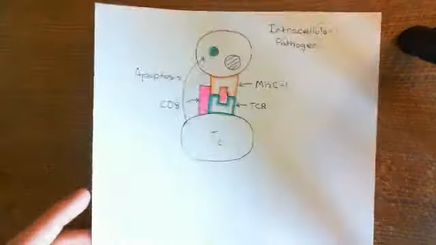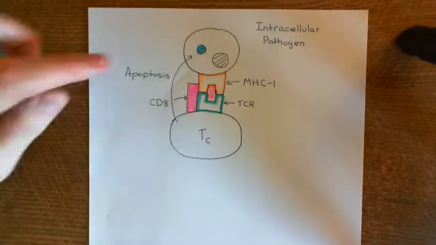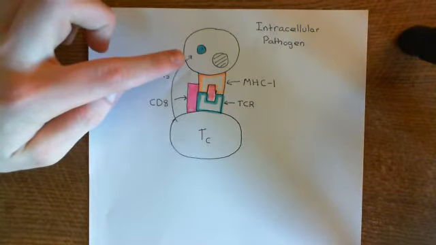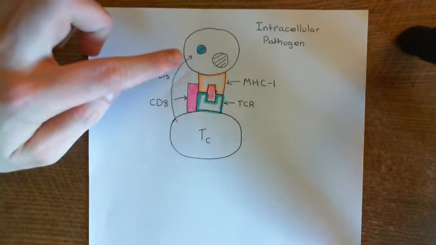Here. Okay, so all over your body you will have cells which are infected with this intracellular pathogen. Okay, so let's say it's a virus. You have cells that are infected with the virus, and they therefore have this antigen within them. Now, as I said before, all cells in your body which have a nucleus are capable of antigen presentation.